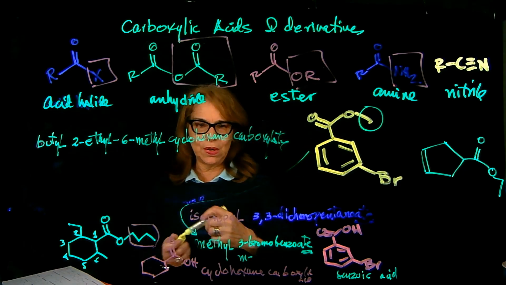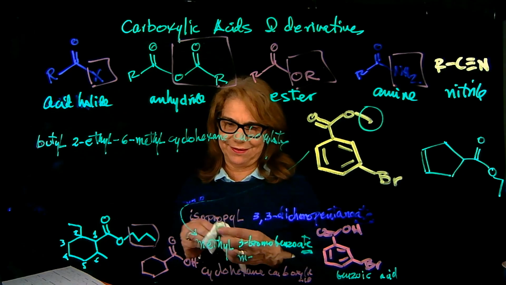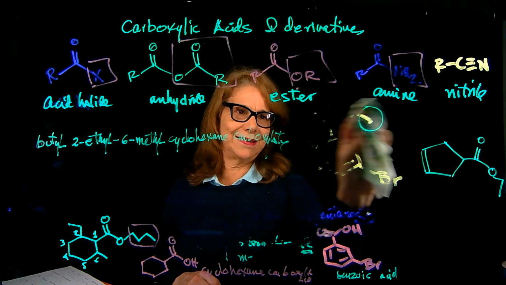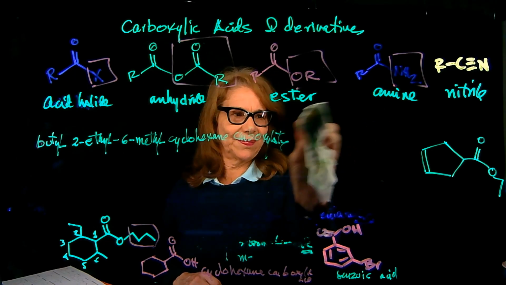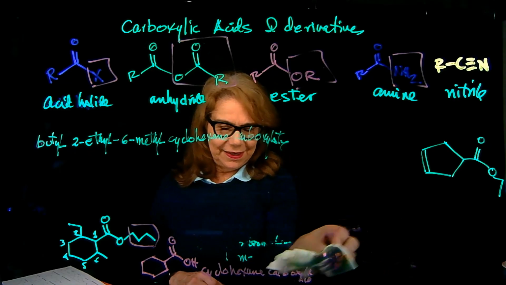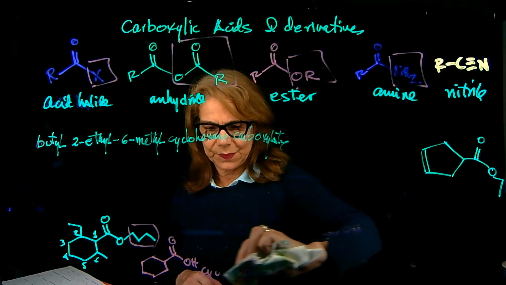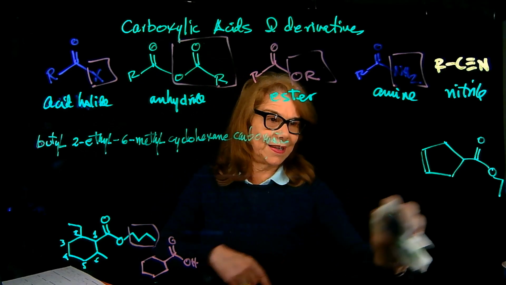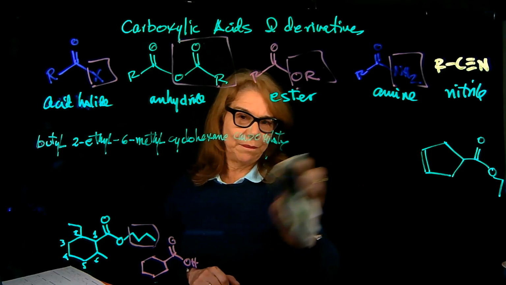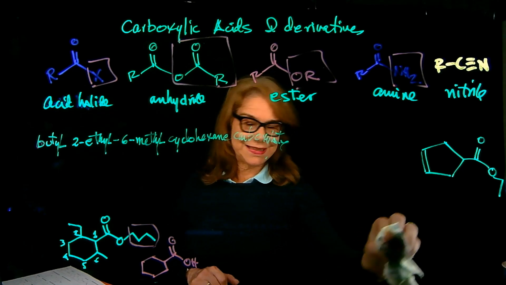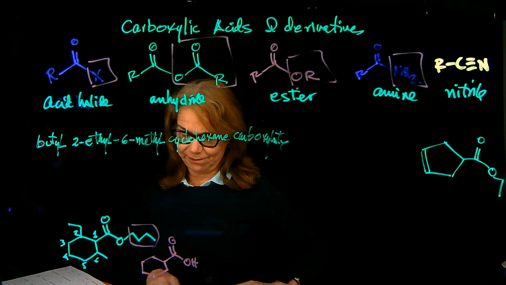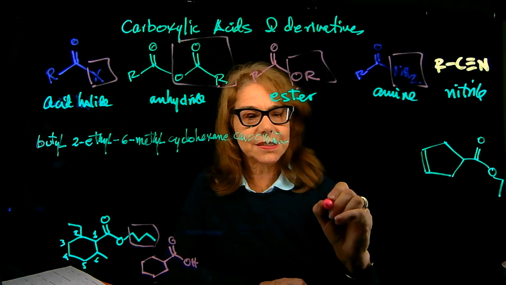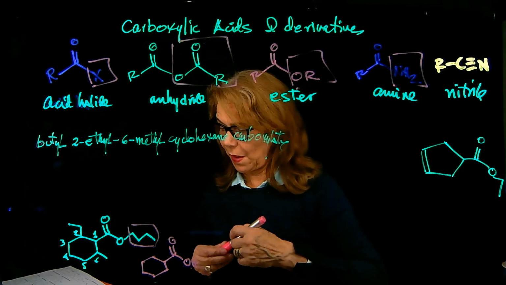This is this one, and now I'm going to erase this and do our last example. For this one, I also need to specify the ring as my parent chain. What is this? It's a cyclopentane, so it's going to be cyclopentane carboxylate.